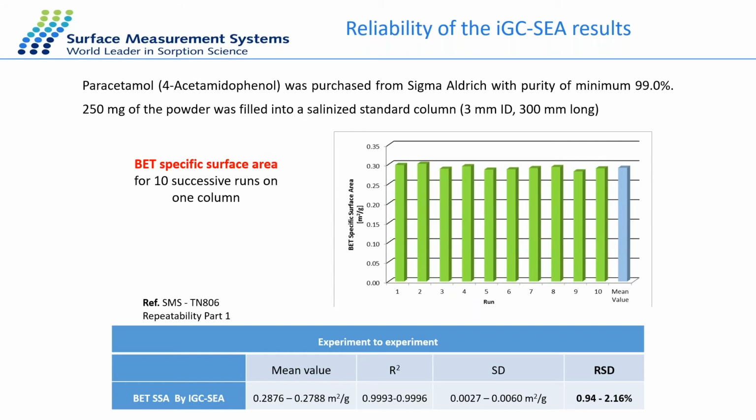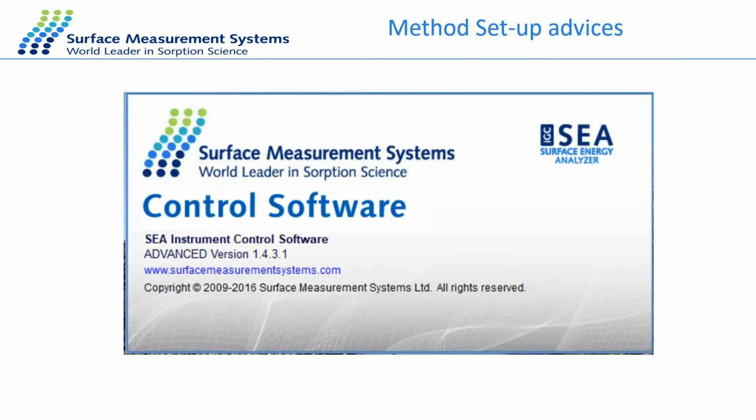As you can see on this slide, it was less than 1, or maximum 2, percent. The surface area of the paracetamol is very low, less than 0.3 meters squared per gram. With the IGC technique, we could determine this surface area very accurately, whereas other techniques struggle to measure the surface area accurately. So IGC, as you can see, is very applicable at low surface area.